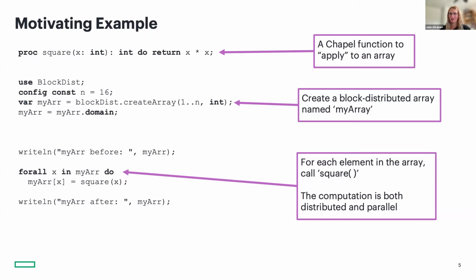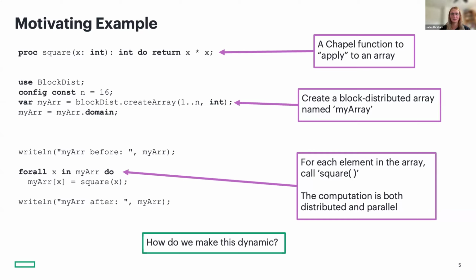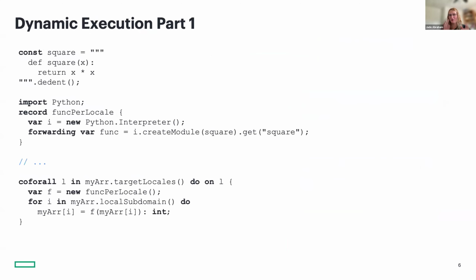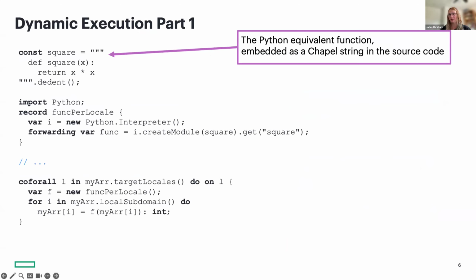But what happens when you want to change square at runtime and you don't want to change the definition of what square is? The question is, how do we make this dynamic? I'm going to show you. This is the first step in making it dynamic. The first thing we'll do is replace our Chapel definition with a Python equivalent function.